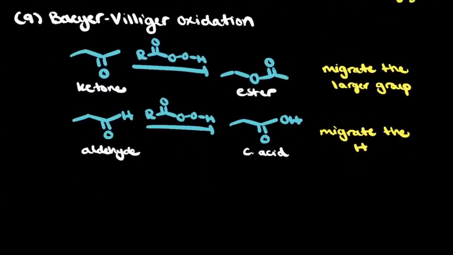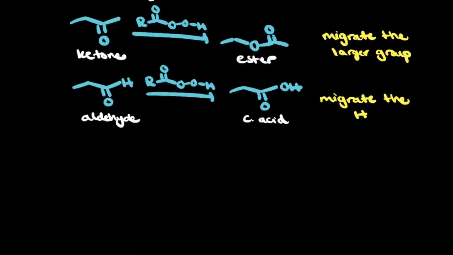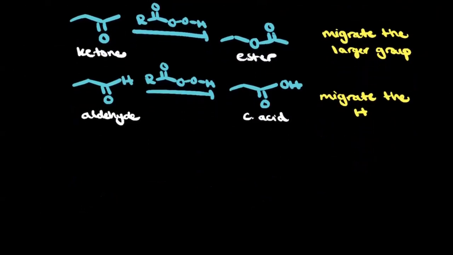Okay, so to do this, what you want to do is start off with, I'll do the one with the ketone. Start off with a ketone and then protonate using your peroxy acid.